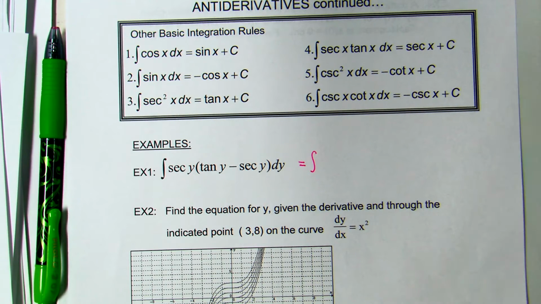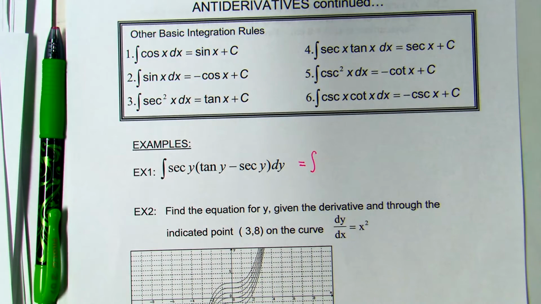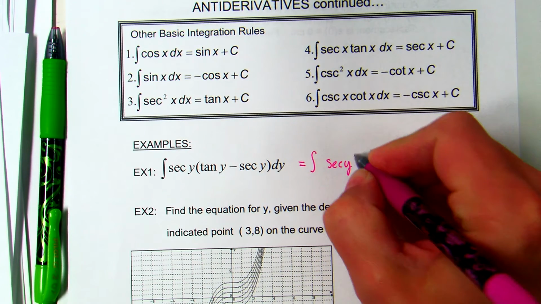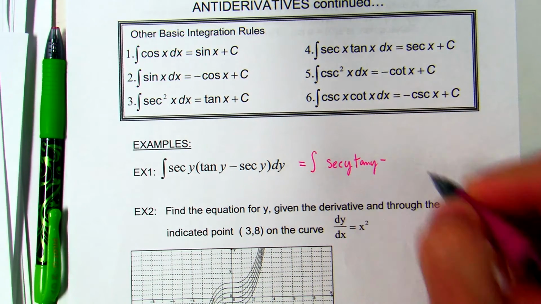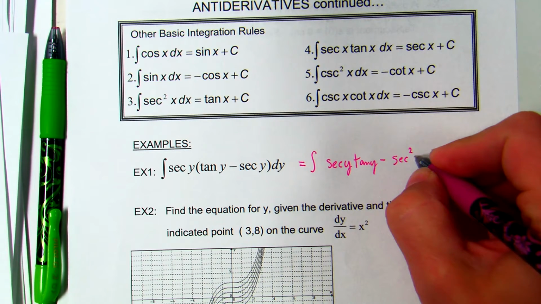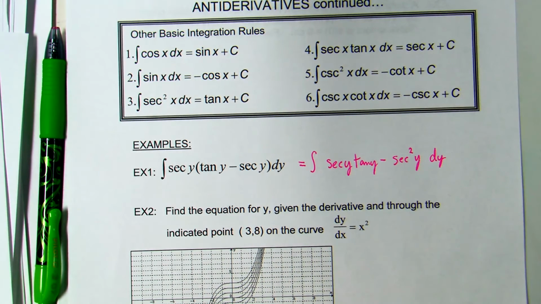So we're going to distribute the secant y into tan y minus secant y. That gives us secant y tan y minus secant squared y, all times dy.